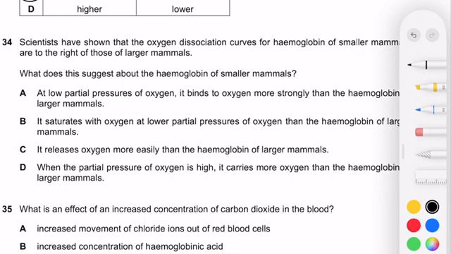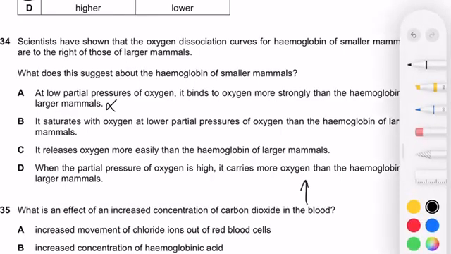At low partial pressures of oxygen, it binds to oxygen more strongly than hemoglobin of large mammals. That's wrong. To the right means it's shifted like this. So this is the graph, and then this is the smaller mammal. So it binds less oxygen even at the lower partial pressures, which is not suggested by this answer. It saturates with oxygen at lower partial pressures of oxygen than hemoglobin of a larger mammal.